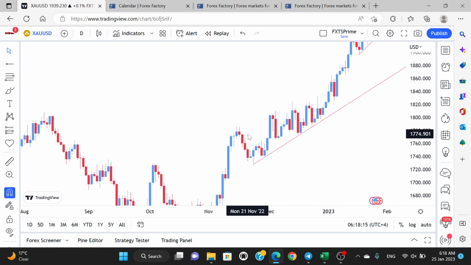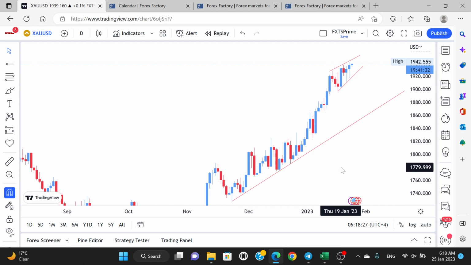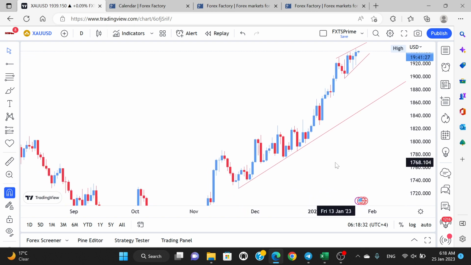If you look at this area, all those areas are resistance areas, and there were sellers sitting on those areas. You can see clearly there are red candles, and that is representing the sellers.